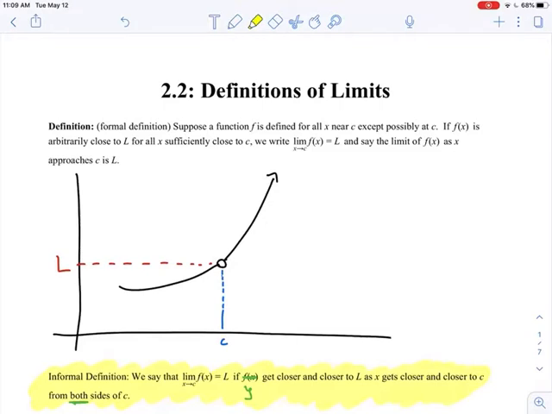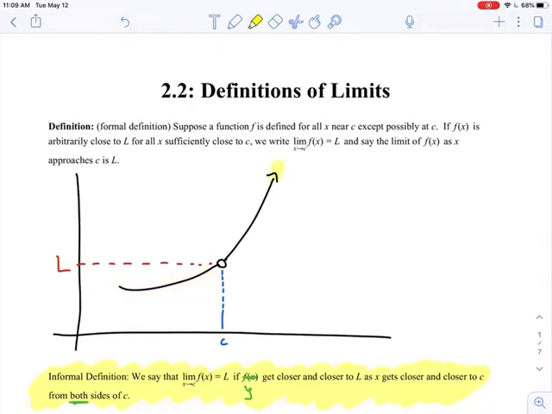So the way I visualize this is, if I were to trace my function from both sides, so if I was to trace this function from the left-hand side over here, as I get closer and closer to this x value down here, what y value am I getting closer and closer to? Well, in this case, I'm getting closer and closer to L, this guy over here, from the left-hand side, and then this also needs to be true for the right-hand side as well.